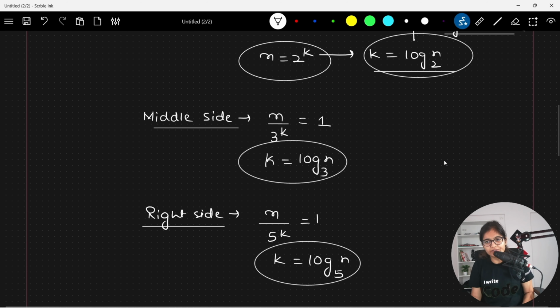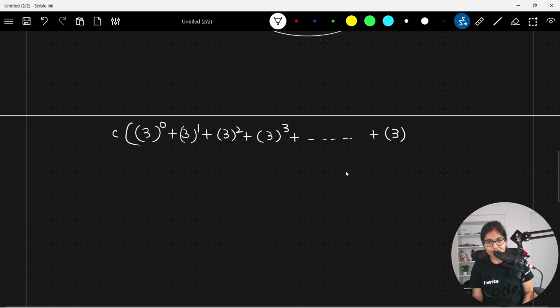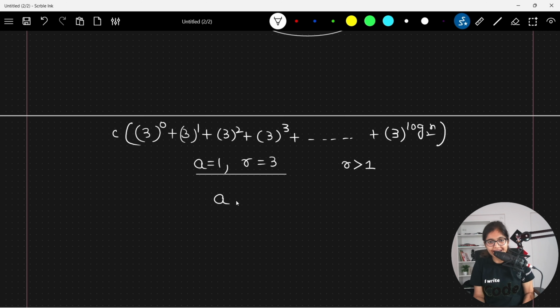It will go until log of n base 2. So here the value of a is equal to 1. Here the common ratio is 3, right? So it's a GP series where the common ratio is greater than 1. In that case, the sum of the GP series will be a into r to the power n minus 1 divided by r minus 1.